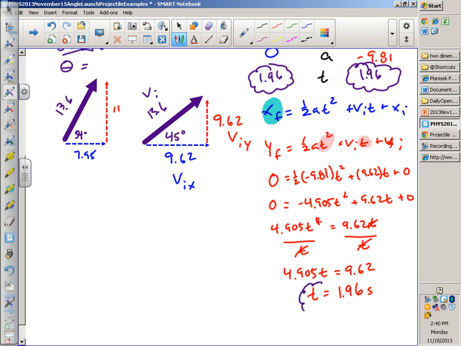Then, if you know t on the vertical side, then you automatically know it on the horizontal side.